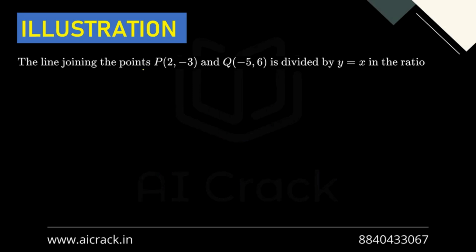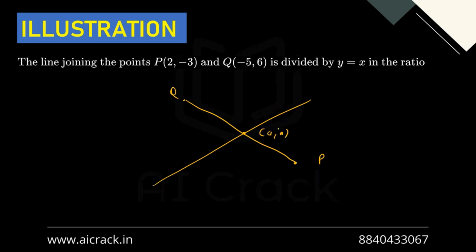The line joining the points P (2, minus 3) and Q (minus 5, 6) is divided by y equals x in the ratio. So basically we have P somewhere over here and Q somewhere over here, and these are the points. And the y equals x line looks like this one. Since this is y equals x, we can assume that this point would be (a, a), or whatever you want to name it, (x1, x1).